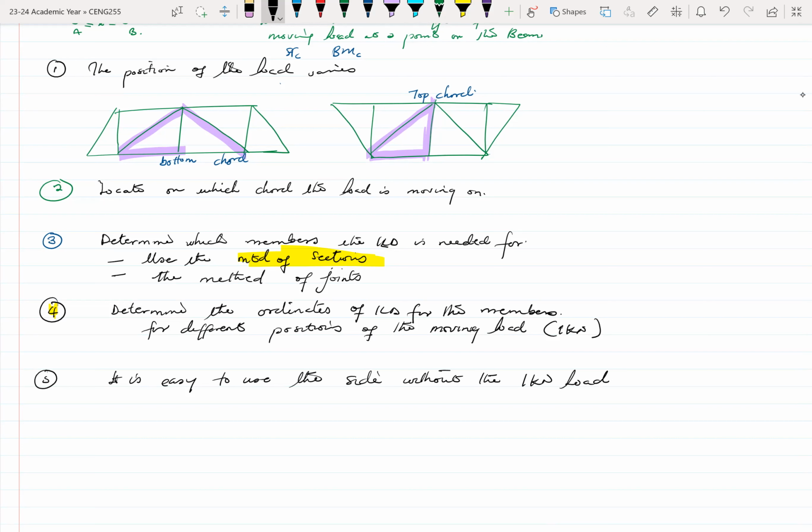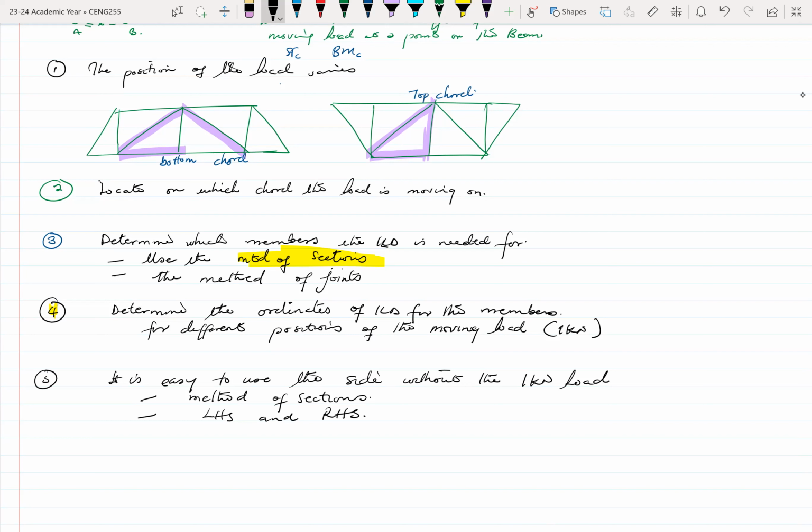It's because mostly we would prefer to use the method of sections, which will require us to divide our truss into two parts, right? So we have the left-hand side and the right-hand side. So the load is moving from one point to the other, the 1 kilonewton, or let me say the unit load is moving from one side to the other.